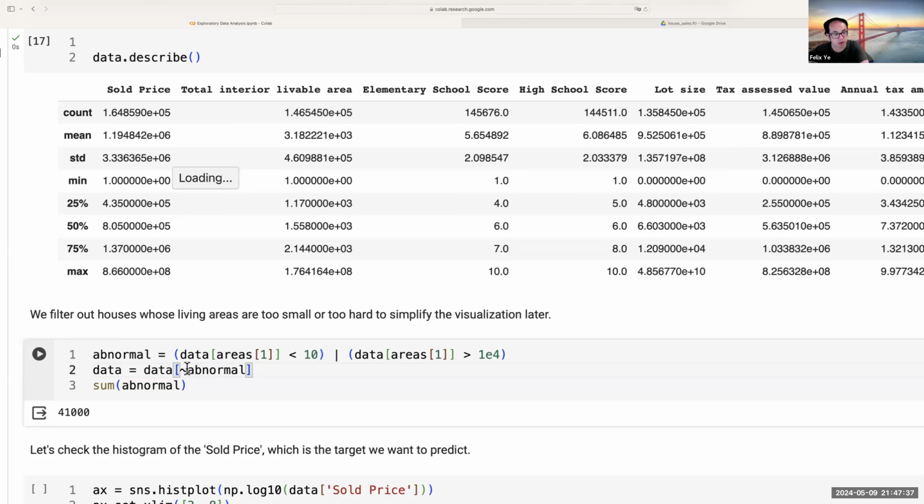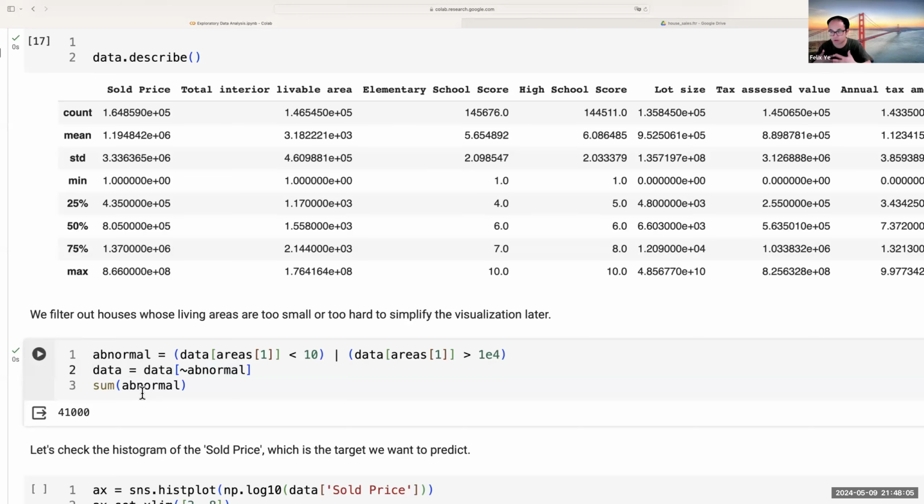I'm going to only work with the data that is considered normal. That means my living area has to be between 10 and 10 to the fourth, which is a very reasonable assumption here. If we actually look at how many data entries are abnormal, it happens to be 41,000. So out of 165,000, 41,000 data entries we consider abnormal.